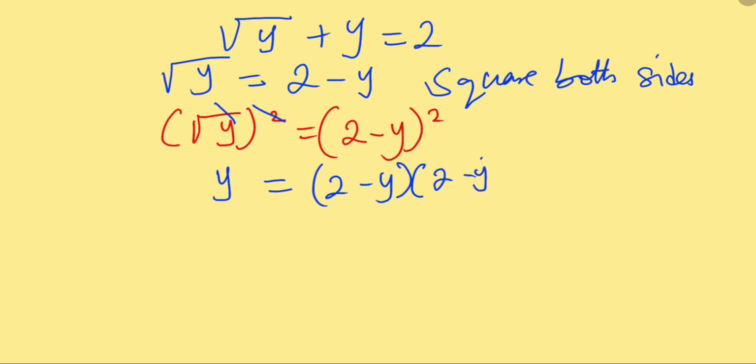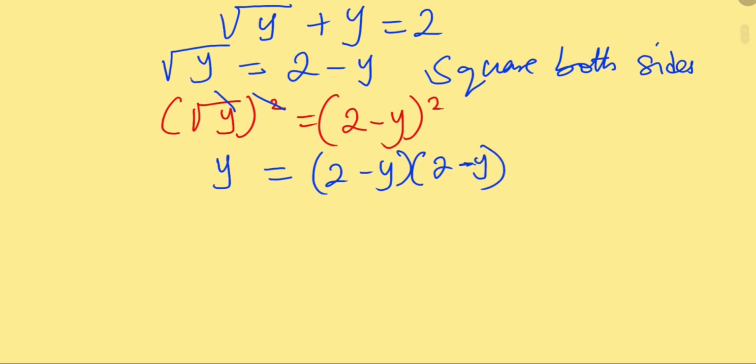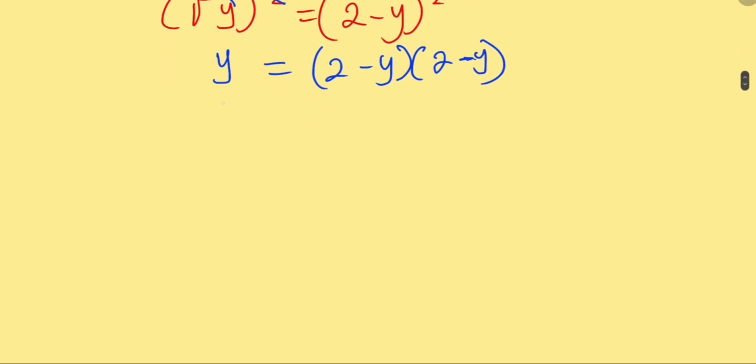2 minus y. So from here, we can open up the bracket to have 2 times 2 is 4, 2 times minus y is minus 2y, minus y times 2 is minus 2y, and minus y times minus y is plus y squared.